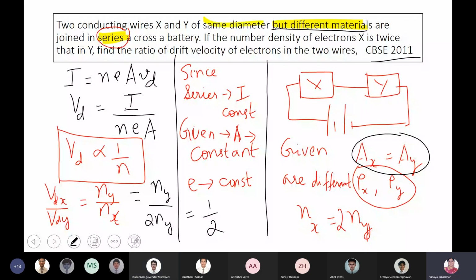Same diameter, thickness is the same. So you have to underline all these things, number density. In current electricity, you have to check whether the connection is series or parallel. If it is series, you have to get the relation of drift velocity in terms of current. If it would have been a parallel connection, I should get I in terms of voltage. We'll do one numerical where I is going to depend on voltage, because voltage is constant in parallel connection. Shall I go for the next one, boys?